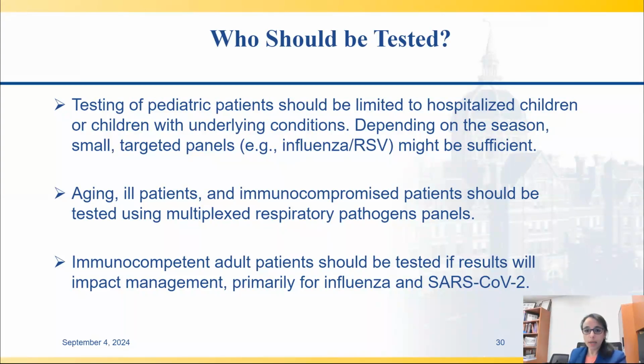So small and targeted panels, for example, during the influenza season, might be sufficient. Ill patients and immunocompromised elderly patients should also be tested using multiplexed respiratory pathogen panels. And immunocompetent adult patients should be tested if the results again will impact the management. But we agreed on primarily testing for influenza and SARS-CoV-2 because of the availability of antivirals for these two viruses.